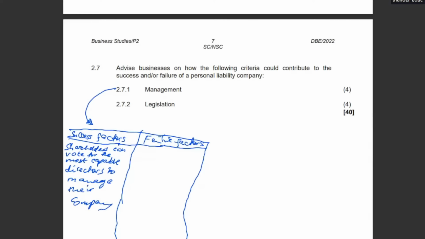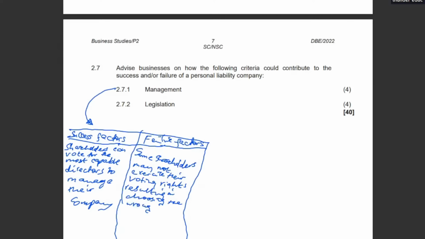We are saying that some shareholders may not exercise their voting rights, resulting in choosing the wrong person as a director.